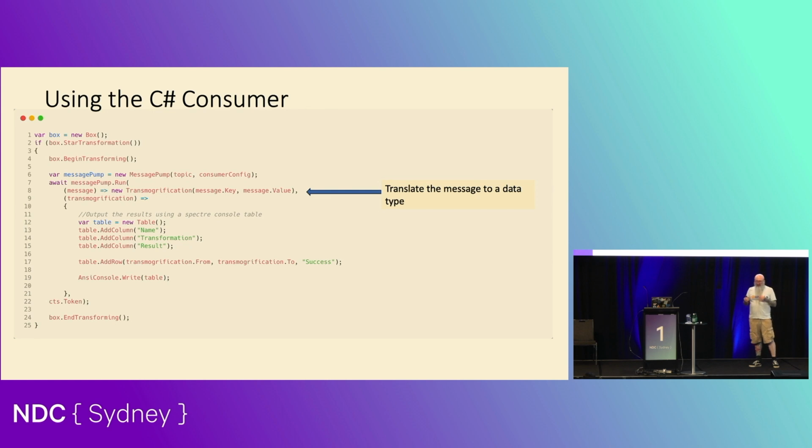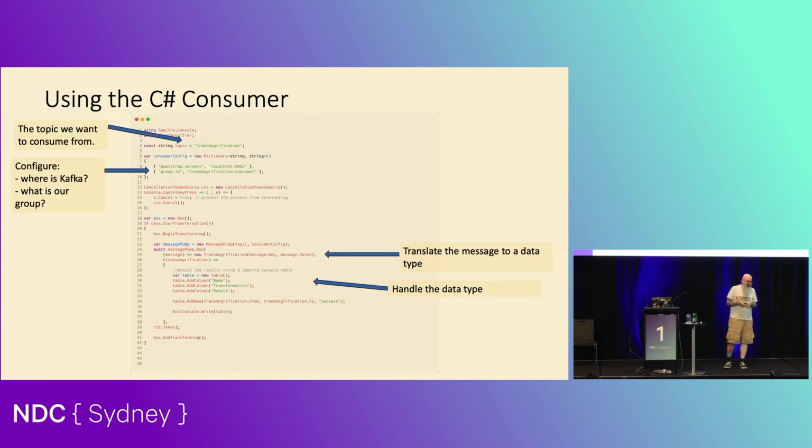Well, we know our message, when we've written it, we put the key, which is the name of the kind of transformation we're performing, and then the settings, what transformation we want, into our class. And our handler method will get passed that particular object, the transmogrification, and we'll spit some stuff out to the command line. We're using spectre.console, which is a nice little command line library if you've not already seen it. This talk is not about spectre.console, but it makes pretty output. All right, that's all that code run together.